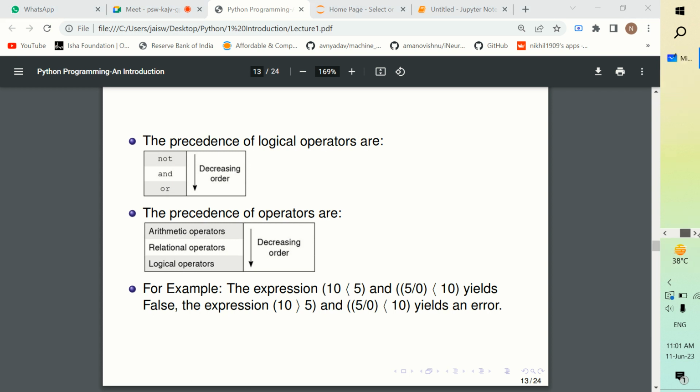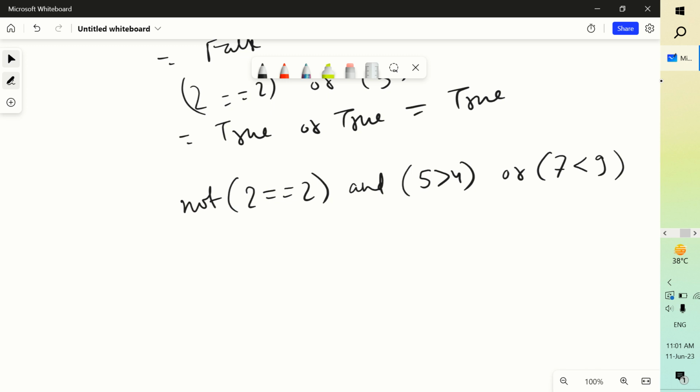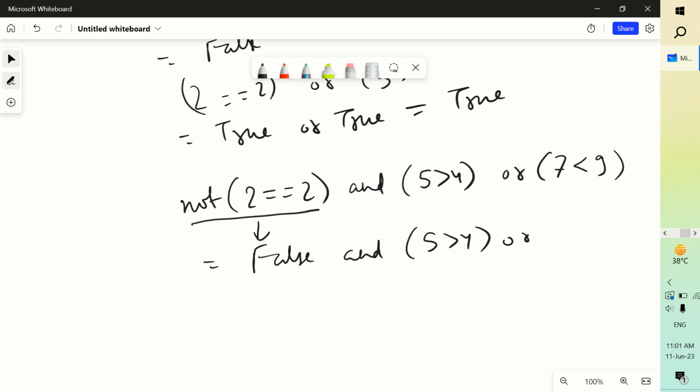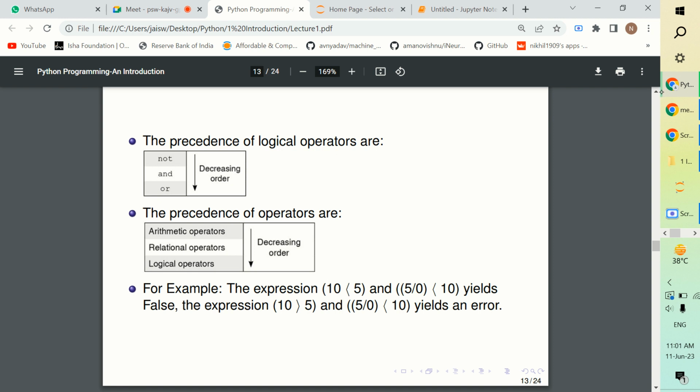So we will operate first of all the not operators. 2 is equals to 2 is true, so not true is false. So first of all this part will get operated, so this will give false, and 5 greater than 4 or 7 less than 9. Then after not, what was there? After not, and is there.